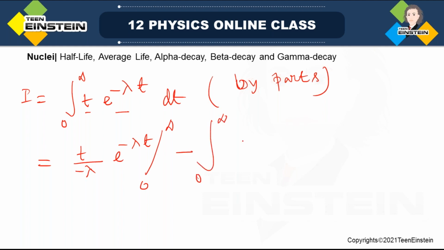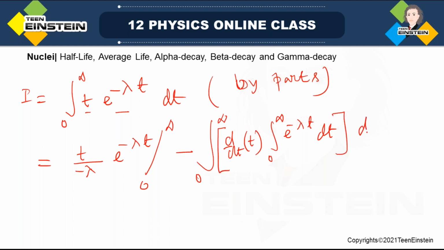Then minus the integration from 0 to infinity of the derivative of the first function times the integral of the second function, e to the power minus lambda t dt. This first term, if you take t equal to 0, is 0, and if you take the limit infinity, e to the power minus infinity also gives 0. So the first term contributes nothing to your mean lifetime.